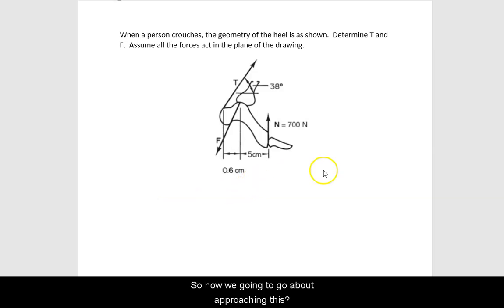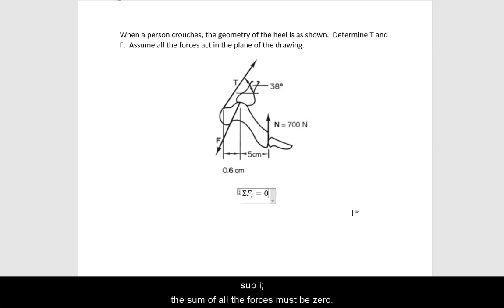So how are we going to go about approaching this? Well, first and foremost, this is a statics problem. So the sum of all the forces must be zero, whatever all the forces are. The sum of all the torques must be zero.